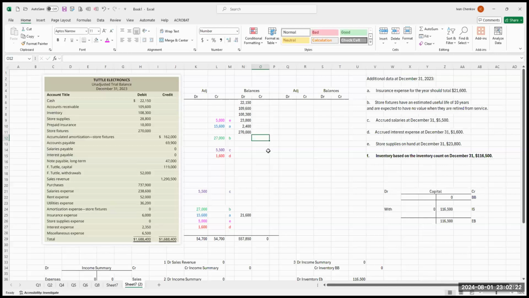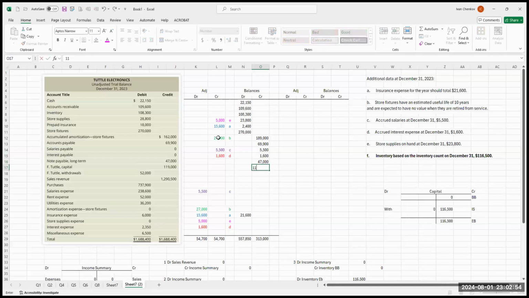But accumulated amortization is going to increase from 162 plus 27,000. Accounts payable, no changes there, 69,900. Salary expenses are going to go to 5,500. Salary payables. Interest payable, also going to increase to 1,600. Note payable long term, no changes there, 47,123.